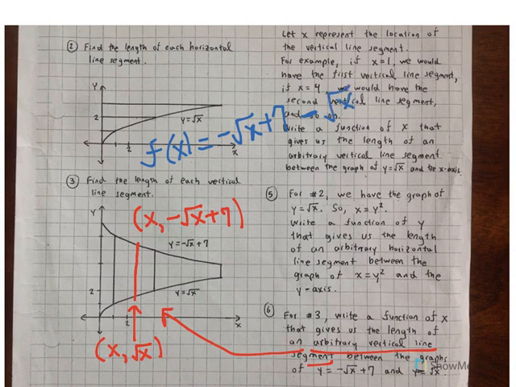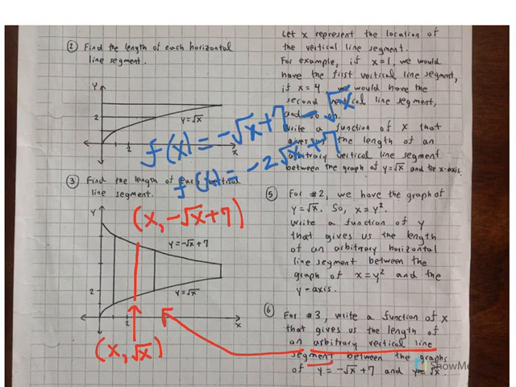And so we have f of x is equal to negative square root of x plus 7 minus square root of x. And when you combine the two radical expressions, you get negative 2 square root of x plus 7.